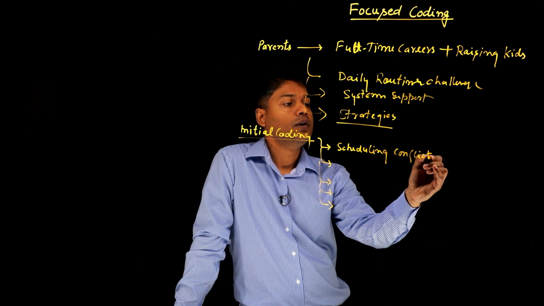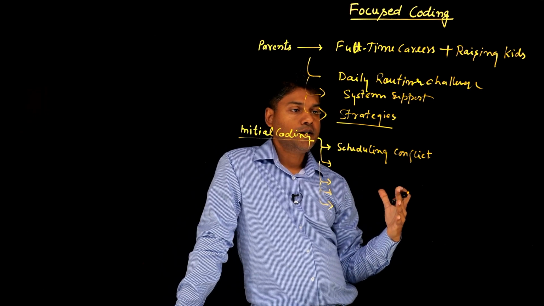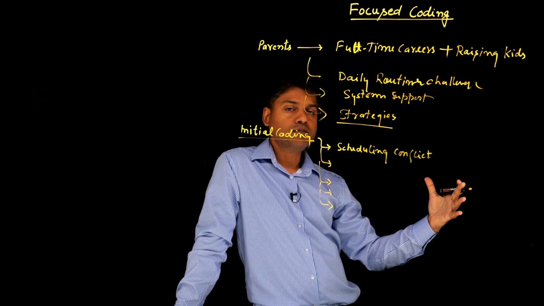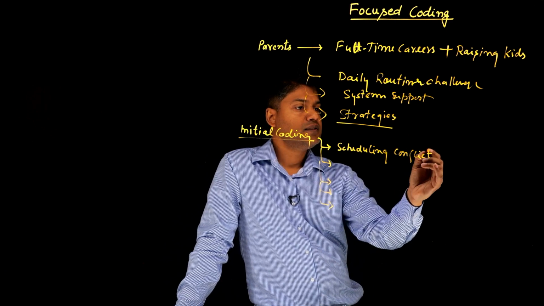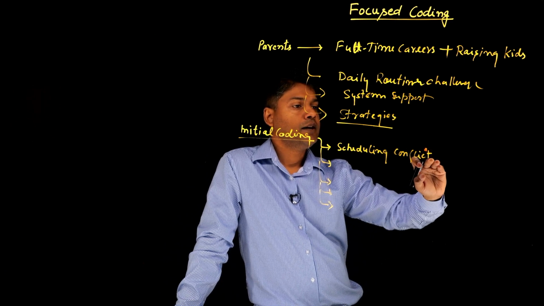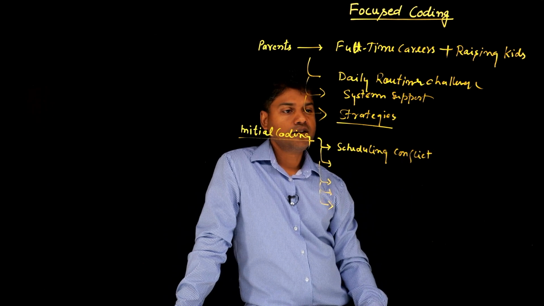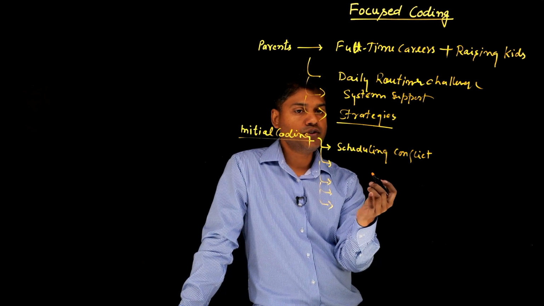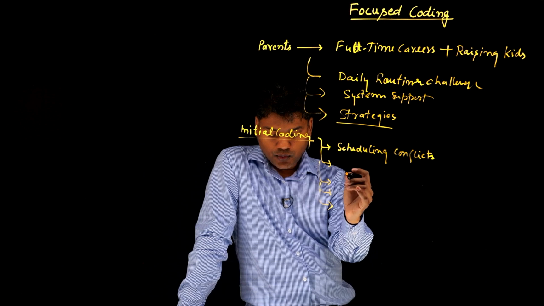So how parents, when they have a conflict at their workplace and their personal responsibilities in terms of schedule. Let's say a parent says they have a parent teacher meeting, and at the same time they have a very important meeting in their office. So all these conflict related issues. So scheduling conflicts is, let's say, one code.